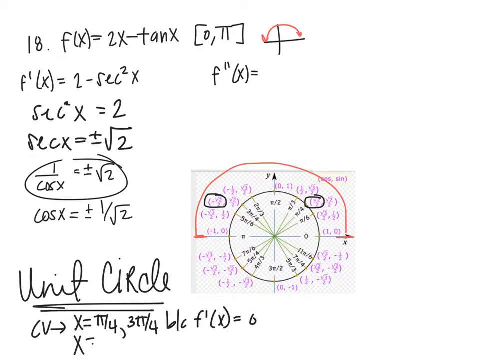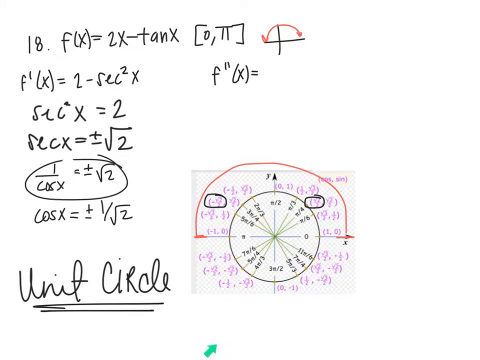But we also have a critical value where f prime of x is undefined, because f prime of x is 2 minus secant squared x. And last I checked, this is 1 over cosine squared x. And right here, at pi over 2, cosine is 0. So we have undefinition, so x equals pi over 2 because f prime of x is undefined.